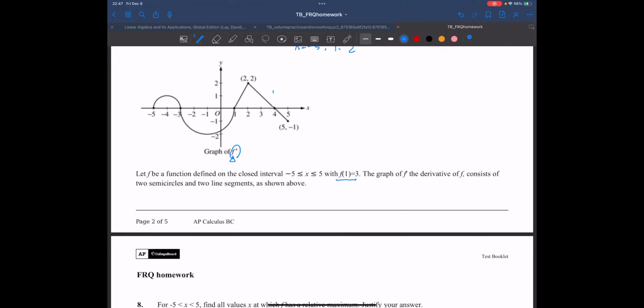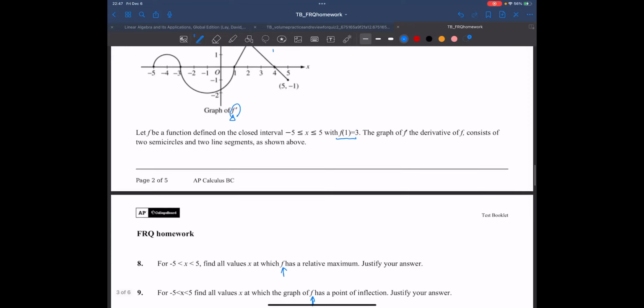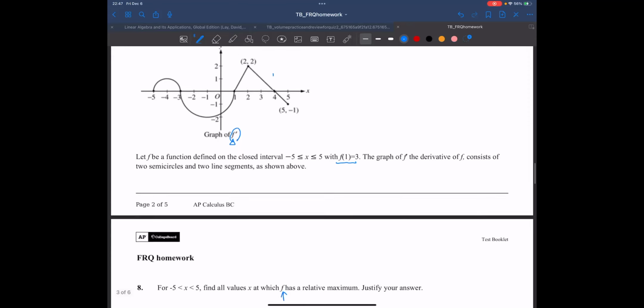Okay, here is some kind of condition. F of 1 equals 3. Semicircle, 2 line segments. Okay, and the first question is relative maximum.